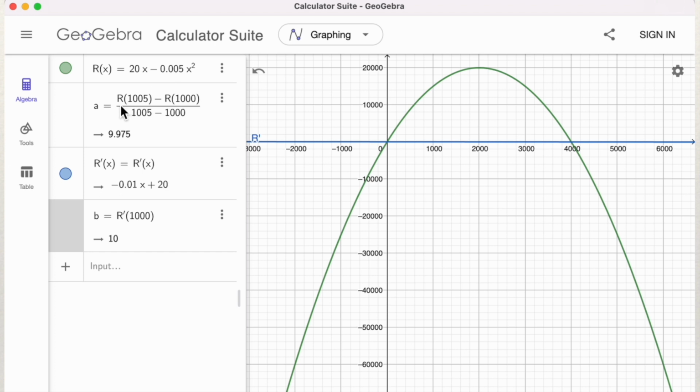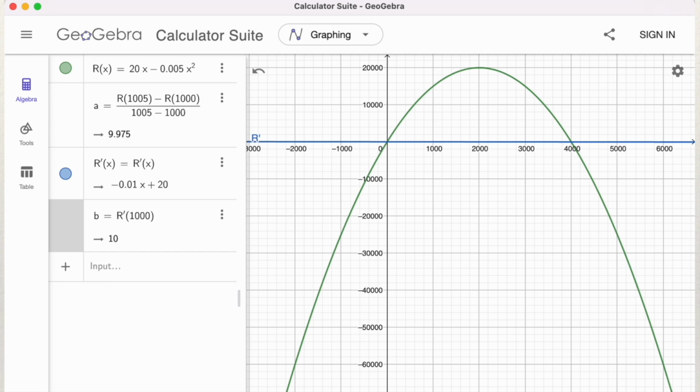And then the only thing you need to do is use the formula: the revenue at 1005 minus the revenue at 1000, divided by 1005 minus 1000. Just type this in the input area of GeoGebra and press enter. GeoGebra is going to give you the value. Obviously, you are the one who knows, not GeoGebra, that the unit is thousands of dollars.